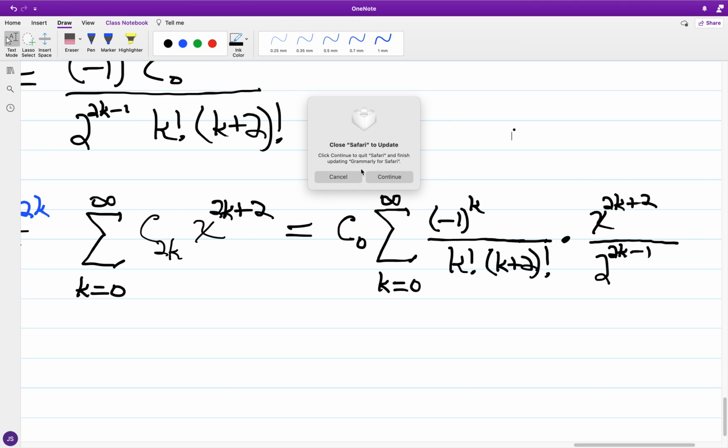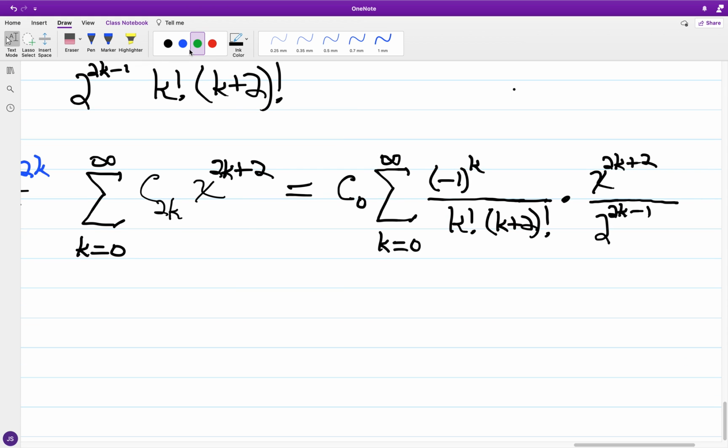But what I can do here is kind of working with the math on this one. Again, you have in the denominator, we got 2 raised to the 2k minus 1.